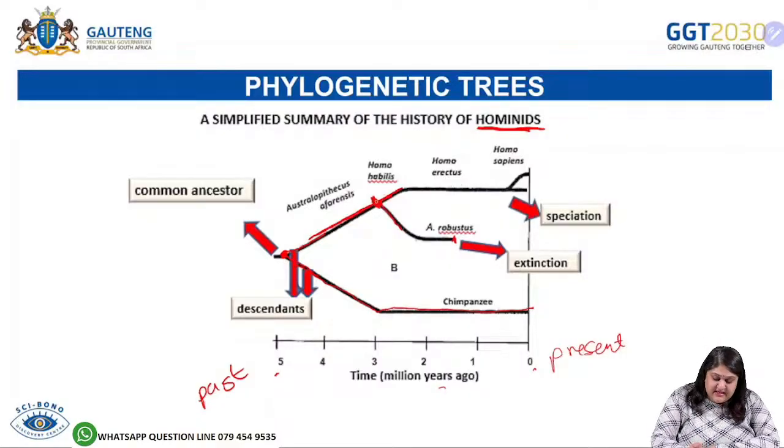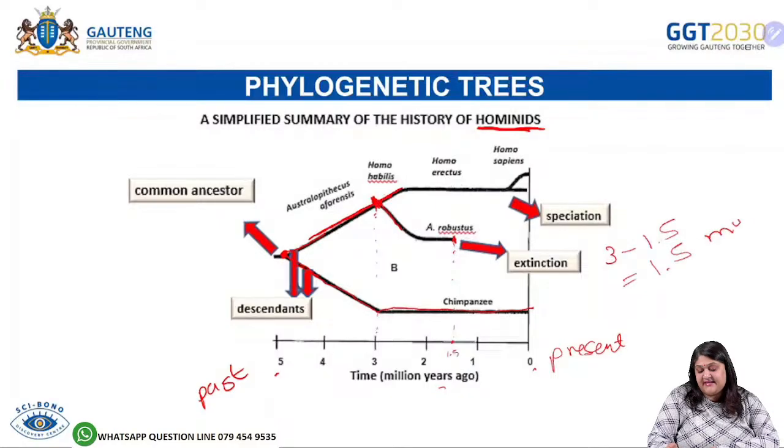We would take this line, when it originated, and draw a line down to the bottom. That is 3 million years ago. That's when it originated. When did it become extinct? It became extinct at 1.5 million years ago. So we say 3 minus 1.5, and that equals 1.5 million years.